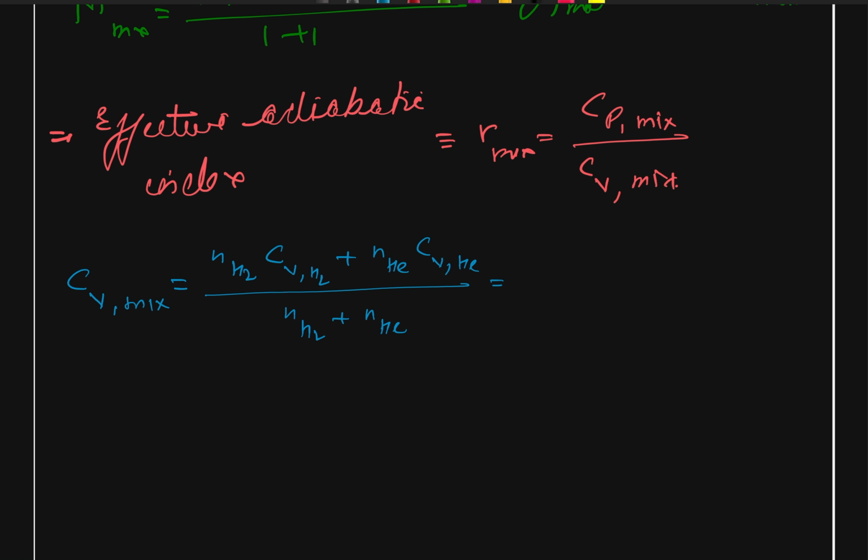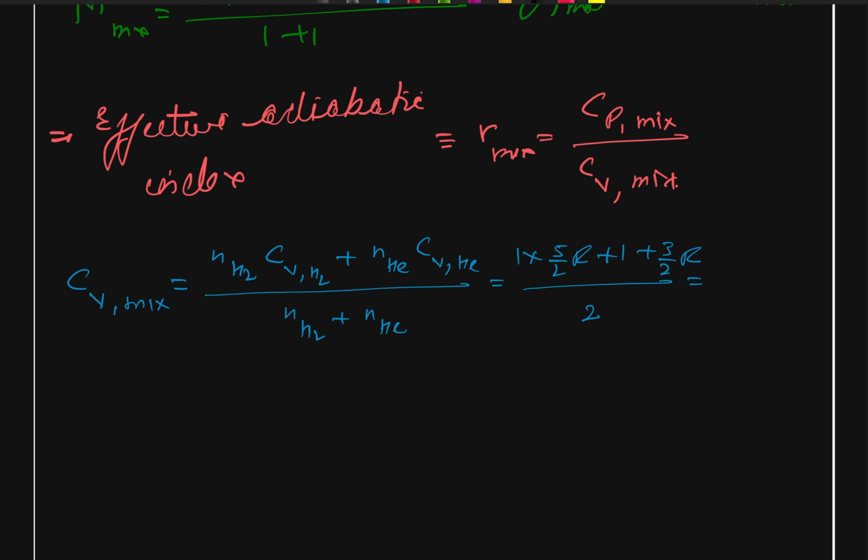So this will be equal to 1 times 5 by 2 R plus 1 times 3 by 2 R, divided by 2, and this comes as 8 by 4.